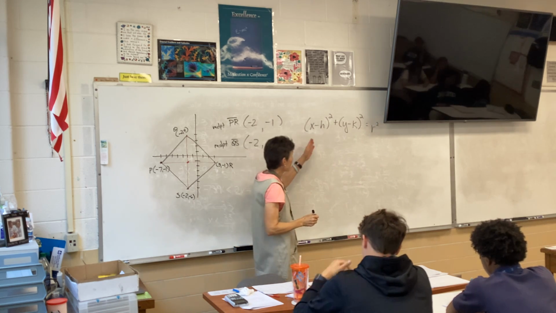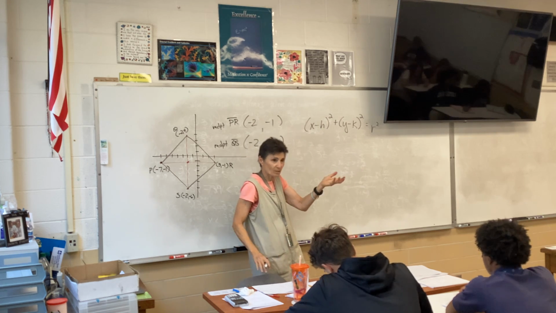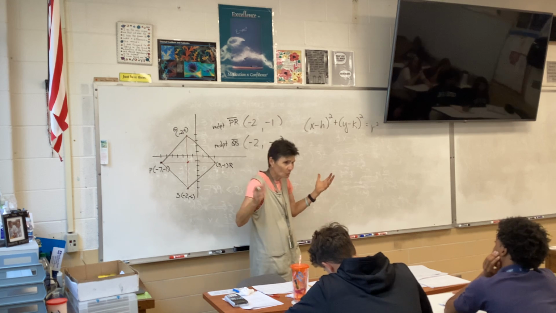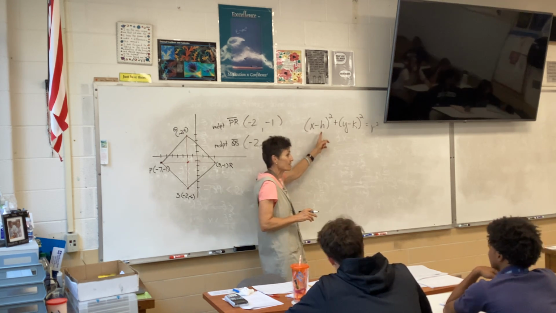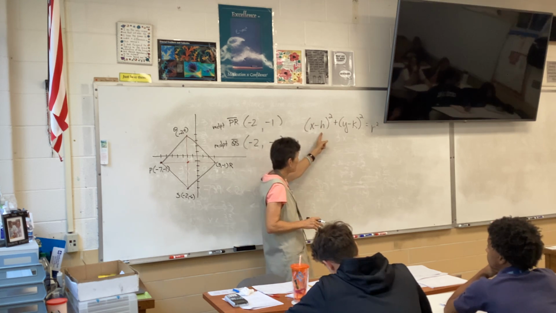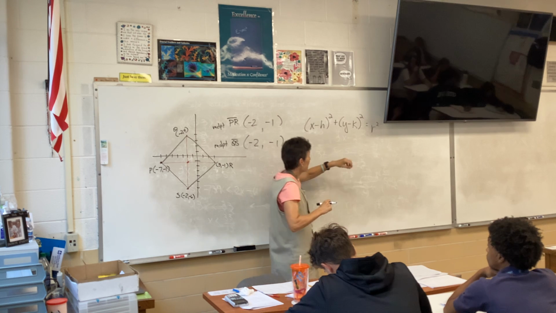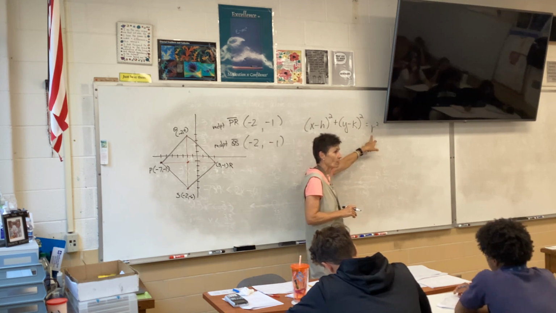Now, I'm using h and k because those letters are traditionally used. They could be anything. They could be a and b, p and q, it doesn't matter. These are numbers. Peter was exactly right. He said x minus a number, so h and k are numbers. And then he said equals the radius squared, so we'll just call that r squared.